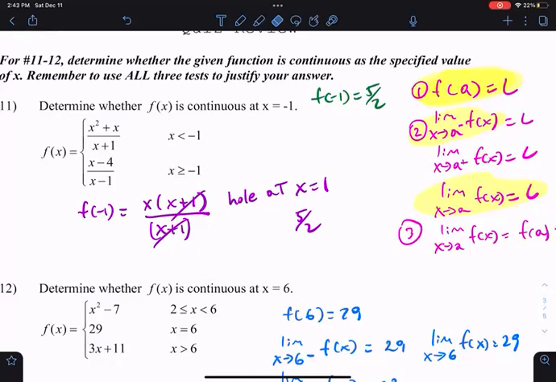Therefore, we are violating Rule 2. Therefore, we cannot say that the function is continuous. That means we have to stop and say that the function is not continuous at x equals -1, because we have the hole in there, right? Okay, so that's what happens in this problem.